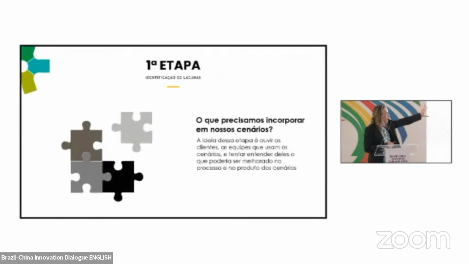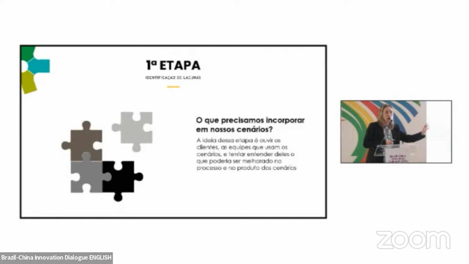So talking a little bit about each one of those stages, we have the first stage, which is to identify the gaps and to incorporate that into the scenarios. So the idea is to listen to the public, the players who are interested, and to see what is missing. So we work a lot with the climate management.